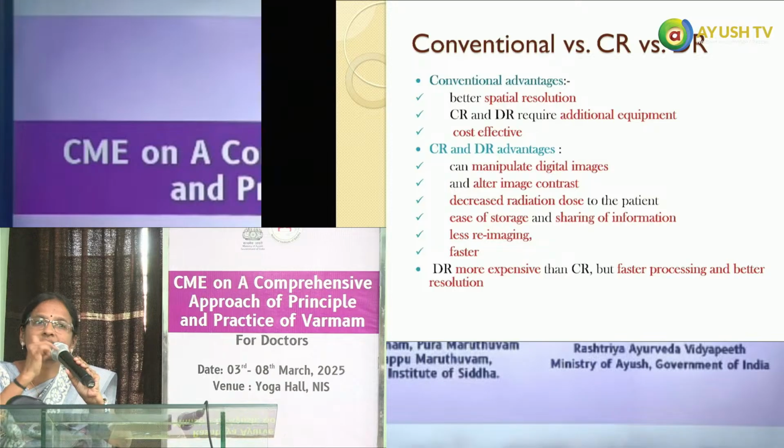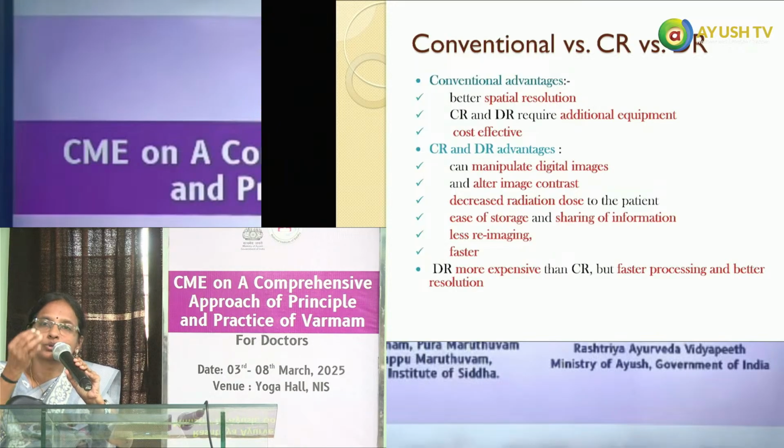So when 100 patients are waiting and you have to act immediately, DR will help in those cases. And resolution is better in DR than CR. But for our setup, for patients we see in the OP, CR will give us more advantage, as we can select patients and still get the same information. We need to go for computerized X-ray wherever it is possible.